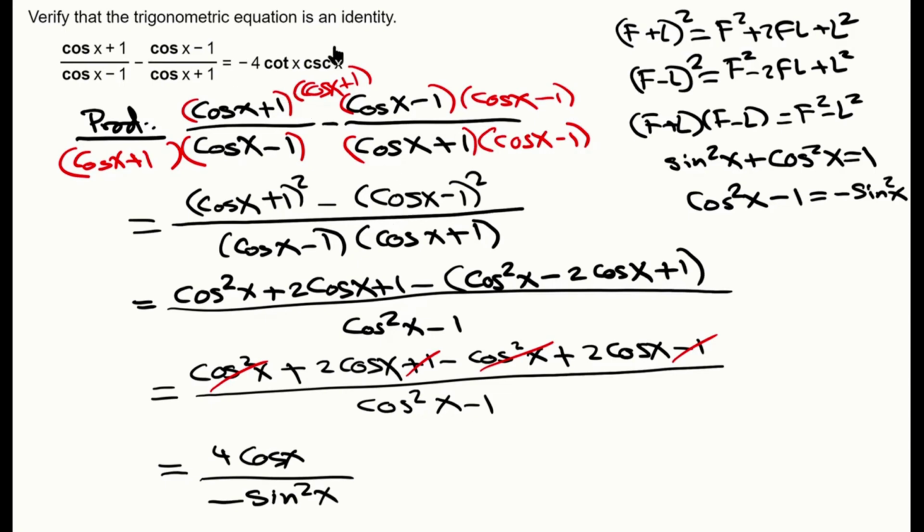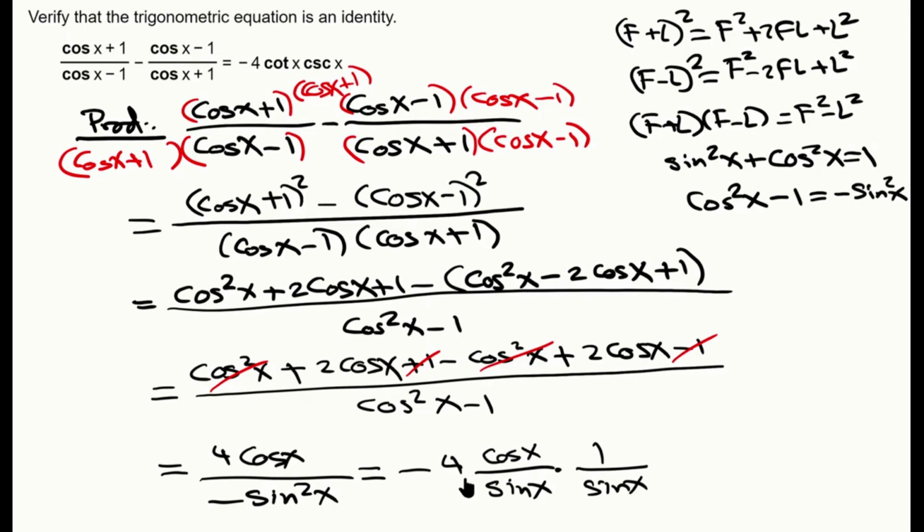Now, keeping the target in mind, we can see we're getting very close. We have one term, we have the negative sign, we have the 4, everything looks good, so we need to work on this part to see if we can make it into that. And of course, we realize that we can go ahead and write this as negative 4 cosine x over sine x times 1 over sine x.